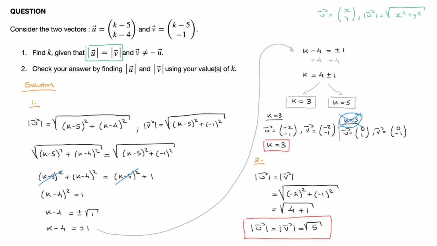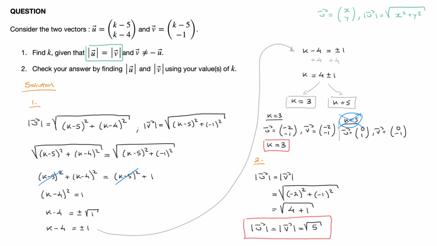But for a test or an exam that you may sit, do know that it's perfectly possible for us to find a value of k such that the vectors u and v aren't equal, but their magnitudes are. In which case, the question 2 we have here would involve calculating the magnitudes of both the vectors u and v separately and showing that they're both equal to the same value at the end.